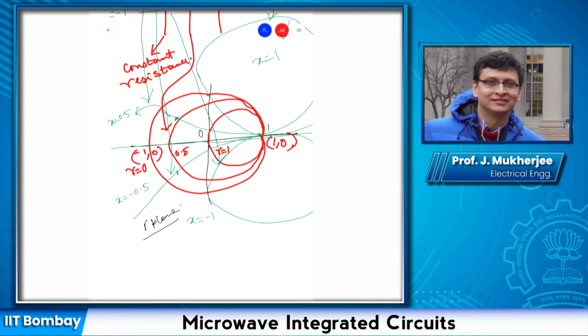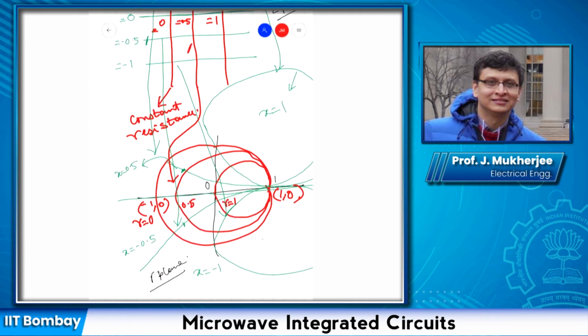So this circle, which has a radius of 1 unit and a center at the origin, basically defines the Smith chart. In a Smith chart, you will have constant resistance circles and constant reactance circles. And because these reactances and resistances are normalized, the absolute values don't matter.